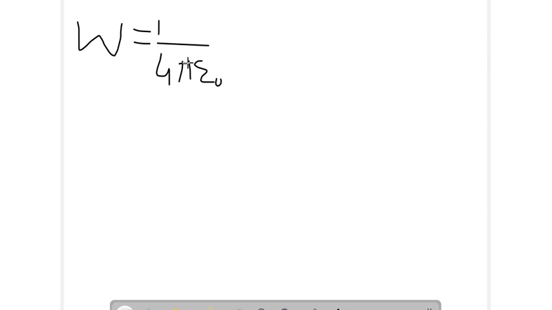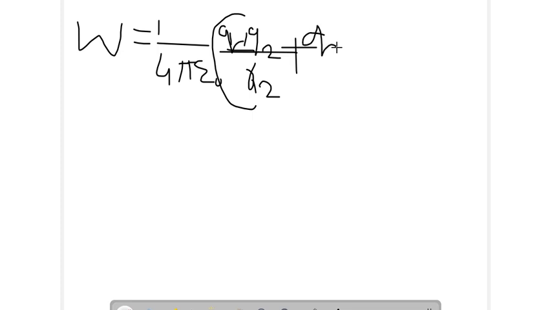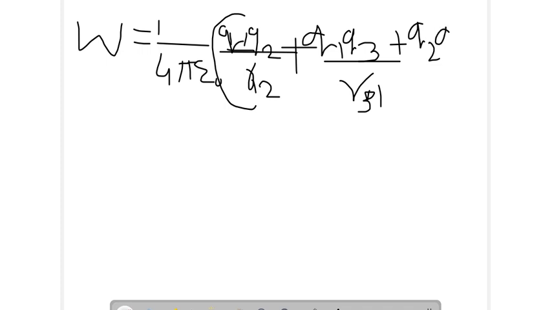The remaining terms inside the bracket are Q1 into Q2 divided by R12 plus Q1 into Q3 divided by R31 plus Q2 into Q3 divided by R23.